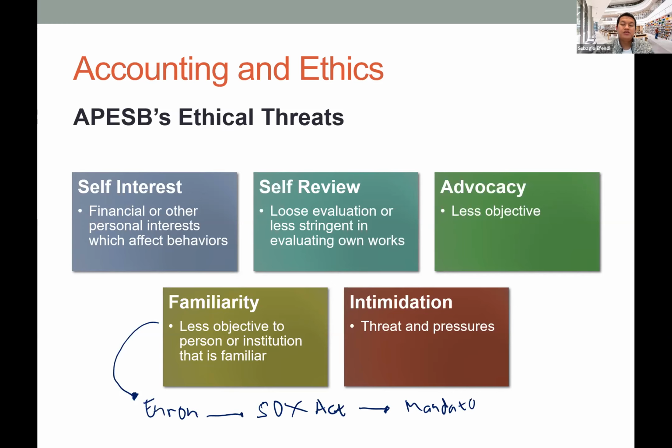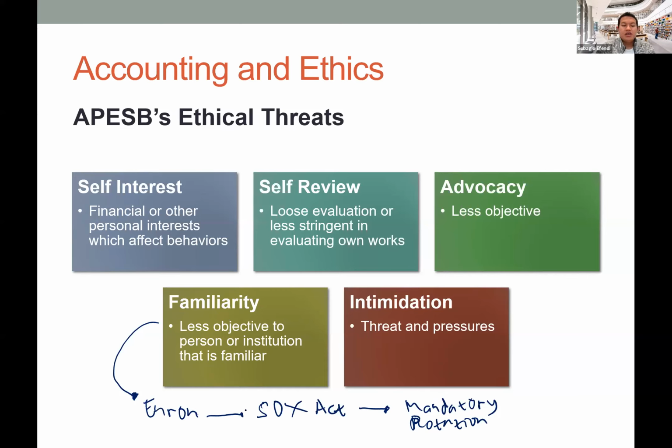So we have a new concept called mandatory rotation. If one company has already been audited by this accounting firm or this partner for, let's say, 5 years, the company should find another audit firm or accounting firm to do the audit for the next years. So there's a maximum period of engagement.